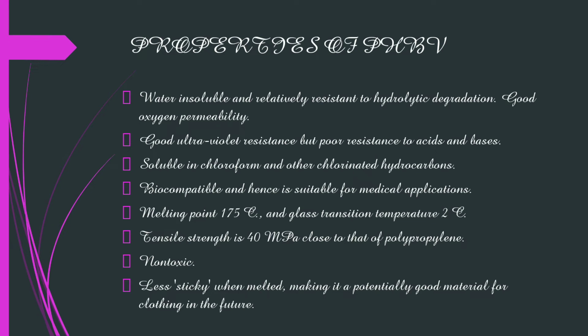Melting point is 175 degrees Celsius and glass transition temperature is 2 degrees Celsius. Tensile strength is 40 MPa, close to polymer polypropylene. It is non-toxic, less sticky when melted, making it a potentially good material for clothing in future.